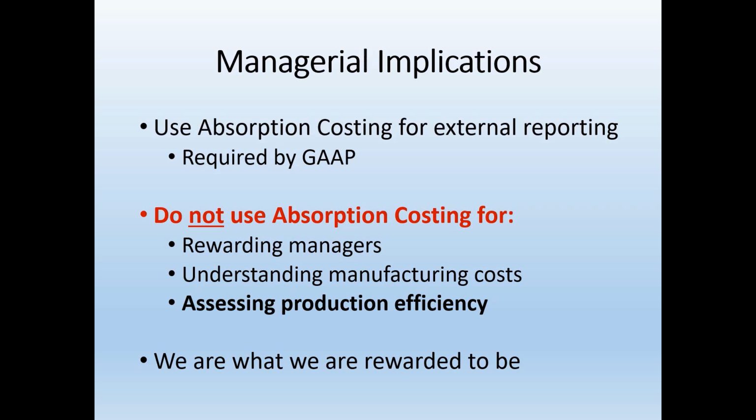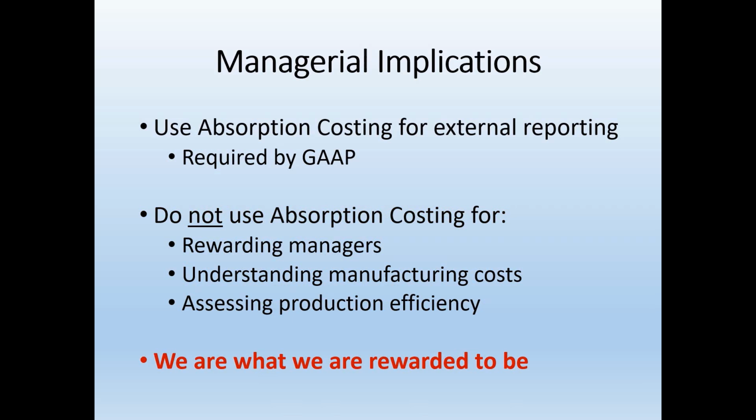They came from changes in the inventory level. So absorption costing is not a good way to understand production efficiency. Remember, we are what we are rewarded to be, so make sure that you pick the right tool to assess who deserves to get that reward.